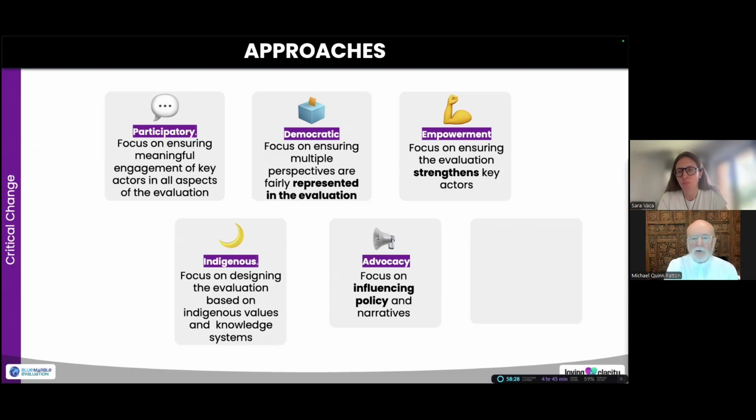And so the advocates are using real-time data in a way to affect the policymaking process.